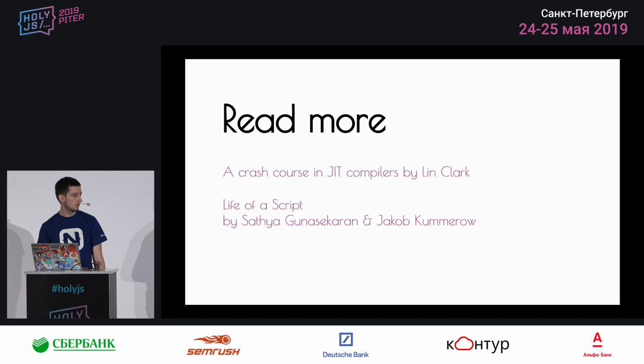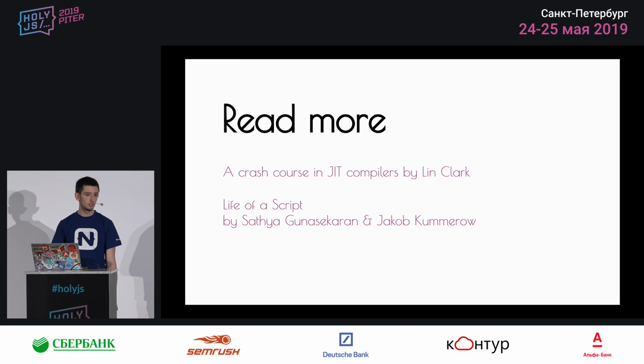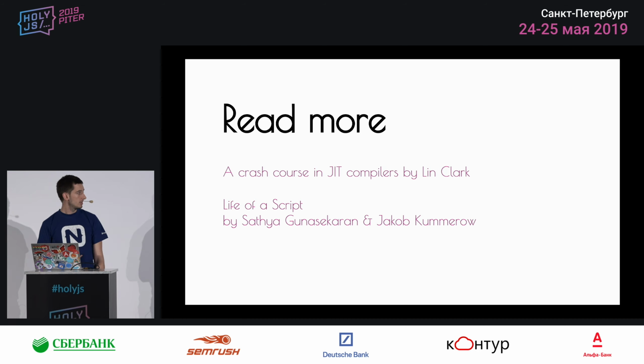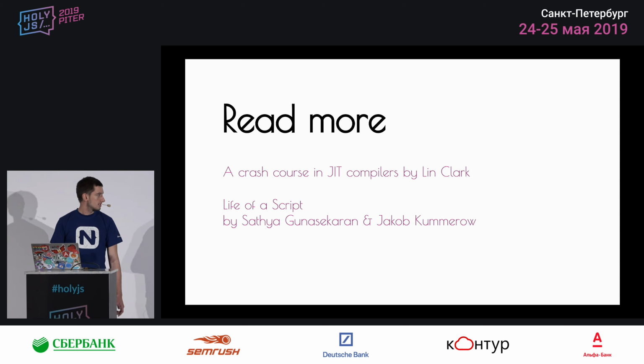We're not going to talk about the internals of V8, how it works, how the garbage collector or the just-in-time compiler work, but probably those blog posts and videos would shed some light on how modern JavaScript engines work internally.